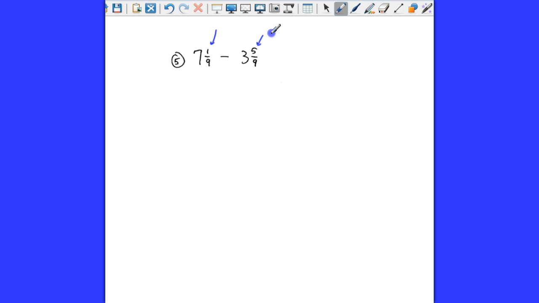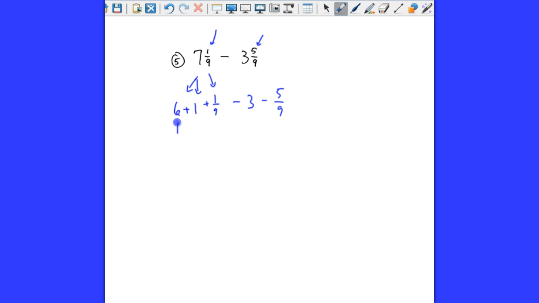The answer is no, you can't. And again, we don't want negative numbers, it's just the fractional part. So what I'm going to do is I'm going to change the 7 into 6 plus 1, because 6 plus 1 is 7. Now I've still got the 1/9, and now you've got minus 3 and minus 5/9.